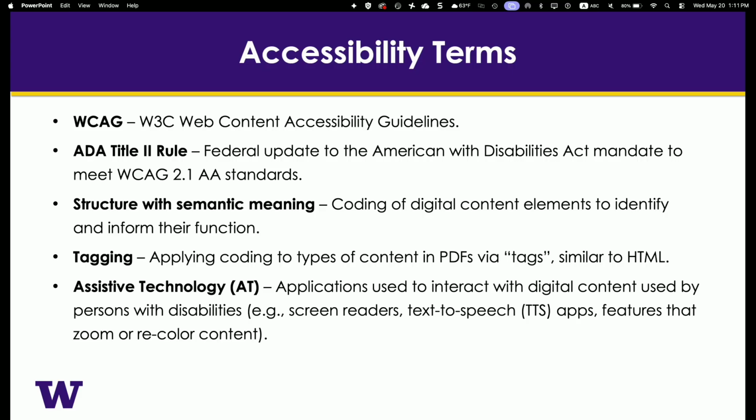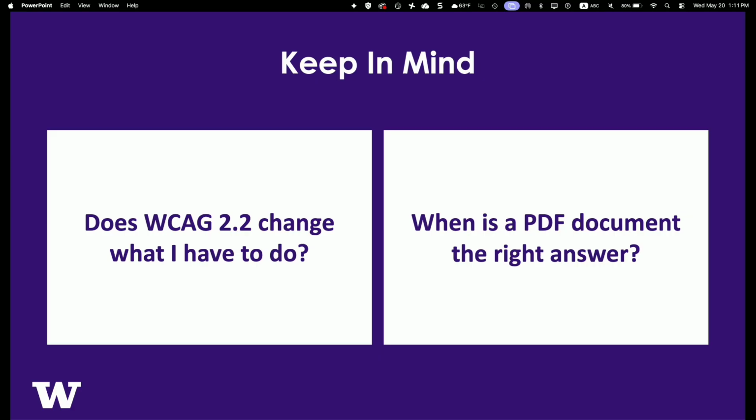And assistive technology, all the applications that someone may use to interact with digital content. Could be a screen reader, could be a speech-to-text tool, something to zoom the screen. It could be something to recolor the content for better visibility, or a combination of things.